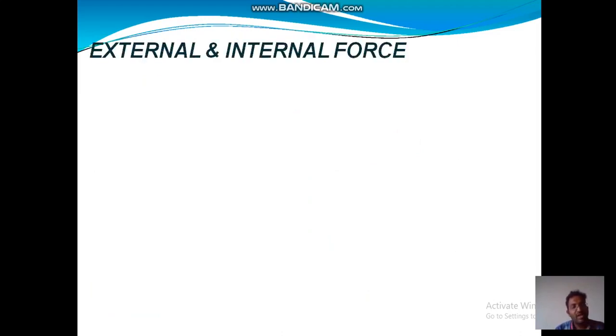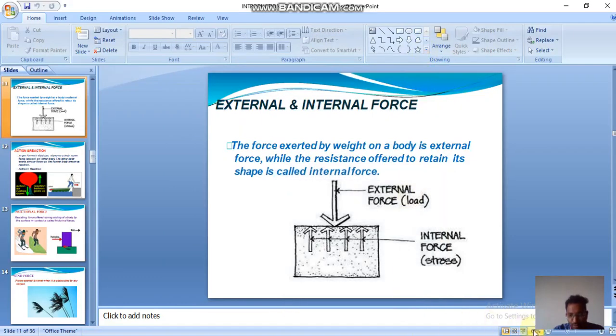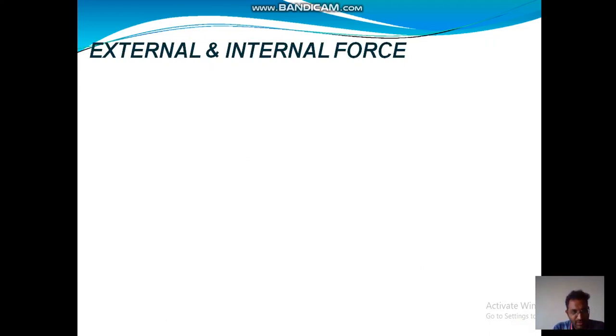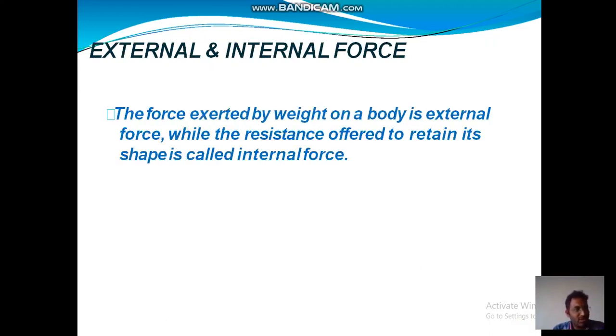And the next one, external and internal forces. Here the self weight is an external force on the particular floor if we are walking on it. So external force means we are traveling or walking on a floor.